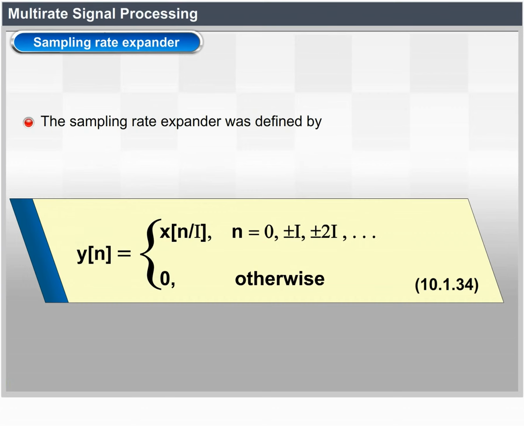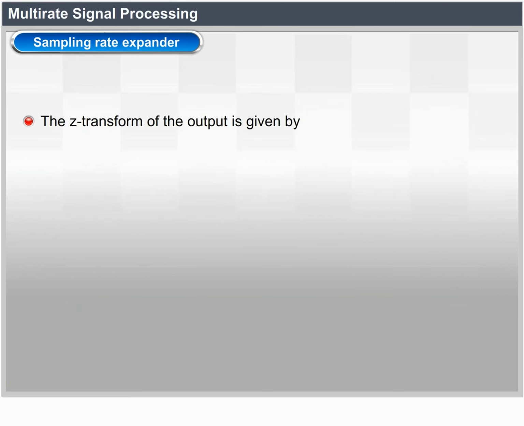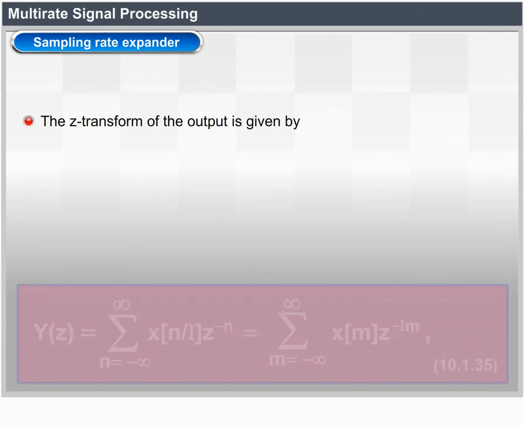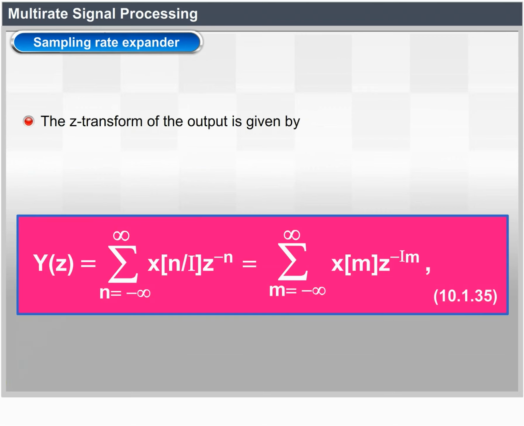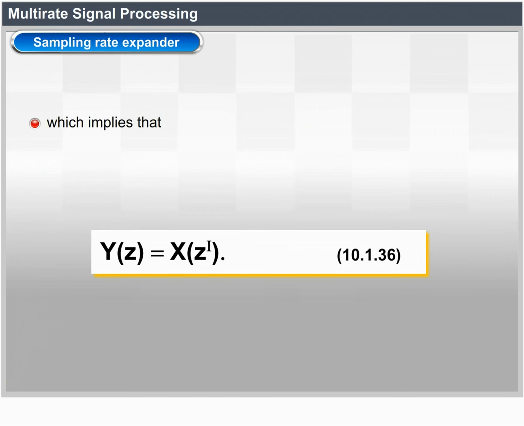The z-transform of the output is given by Y(z) = Σ x(n/I)z^{−n} = Σ x(m)z^{−Im}, equation 10.1.35, which implies that Y(z) = X(z^I), equation 10.1.36.